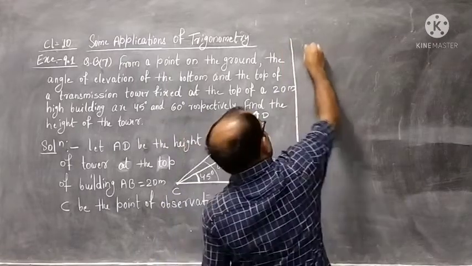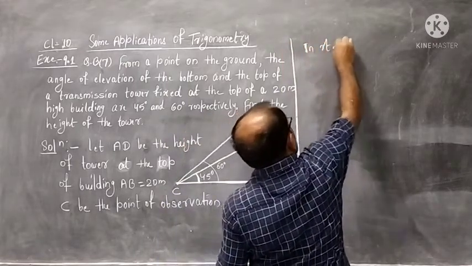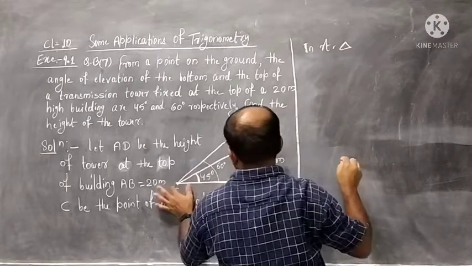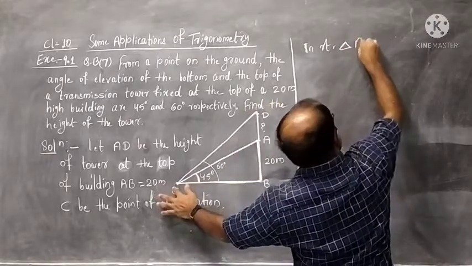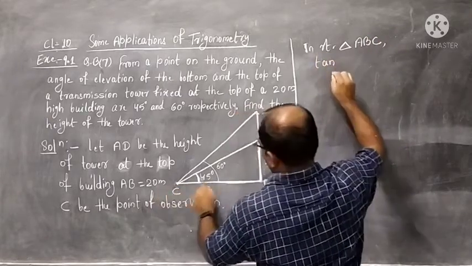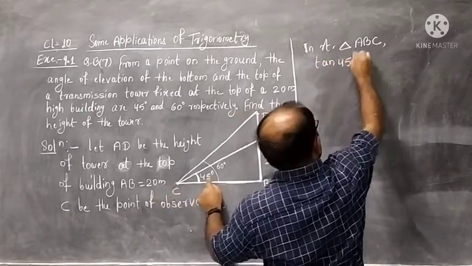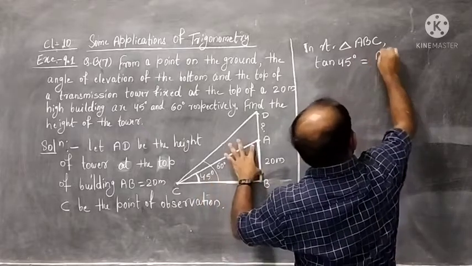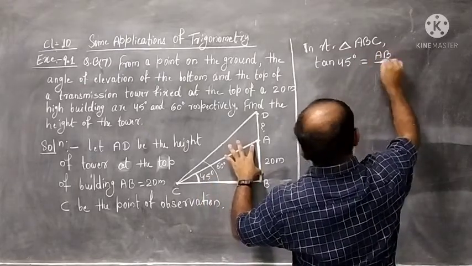We are going to use in right triangle ABC, which ratio? Tan. For which acute angle? 45 degree angle. Perpendicular is AB, base is BC.